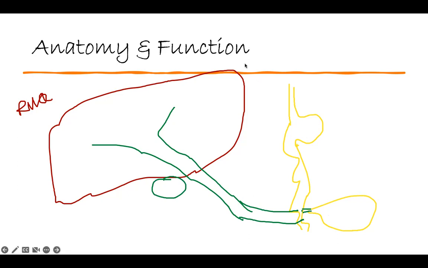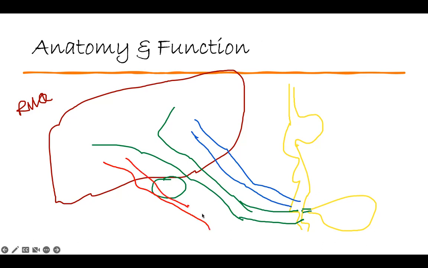There's another structure that you should know about, and it's the portal vein. It takes blood from the rest of the GI tract back to the liver. The liver also has its own artery that supplies it. So I will just put it here like that. It has its own arteries that go across the liver and contain blood that supplies the liver.